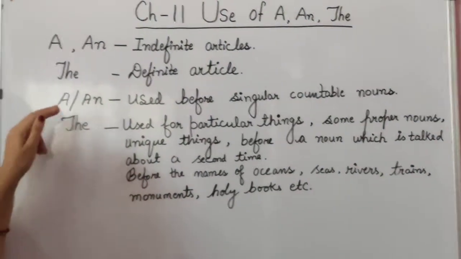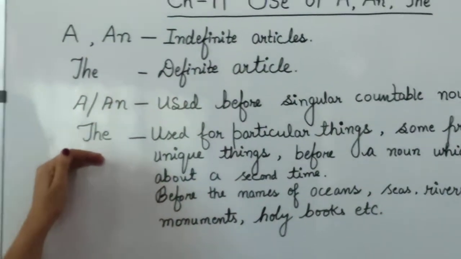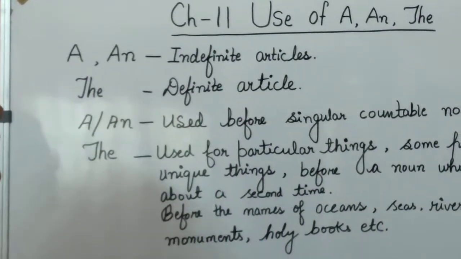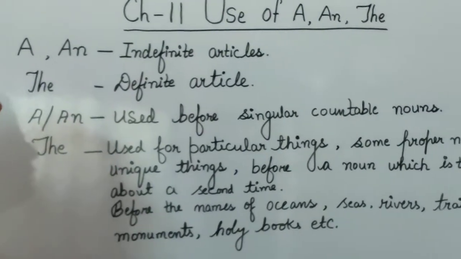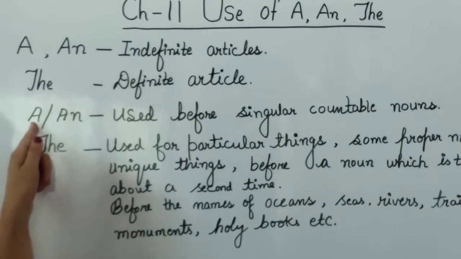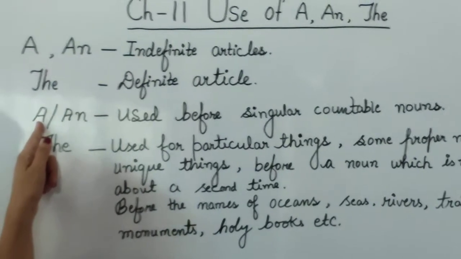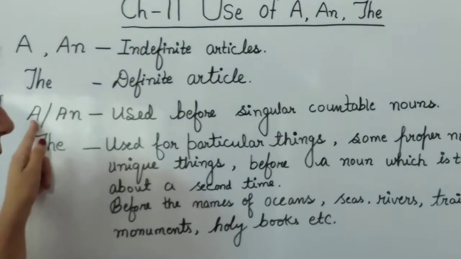Now we will see first use of a and an, and then I will explain you the use of the. Now a and an are used before the singular countable nouns, but specifically a is used before the consonant sound.